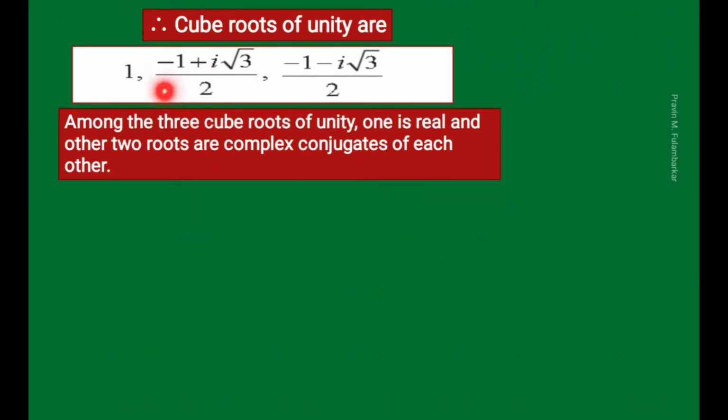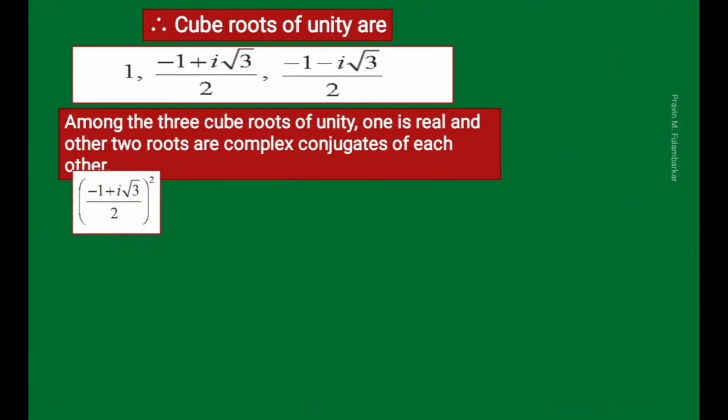Here, when we separate the terms, we get minus 1 by 2 plus i root 3 by 2, and second, minus 1 by 2 minus i root 3 by 2. That means the first is the conjugate of the last, and the last is the conjugate of the second. So among the 3 cube roots of unity, 1 is real and 2 are complex, and those 2 complex roots are conjugates of each other.